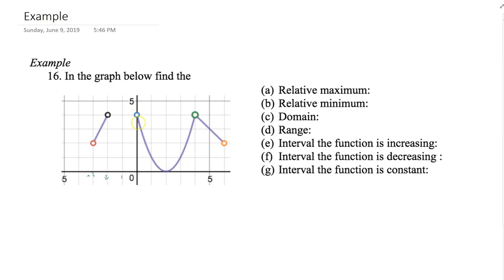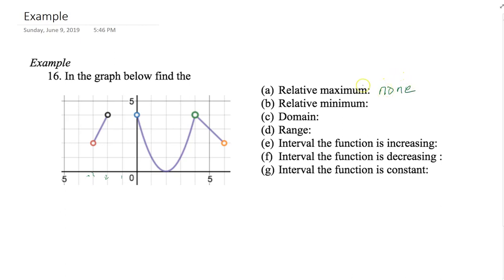The same thing happens where at x equals 0, it's an open circle, so the point does not exist. Again, where x equals 4, there is a y value at y equals 4, but again, because it's an open circle, it does not exist. So for relative maximum, we shall say there is none.